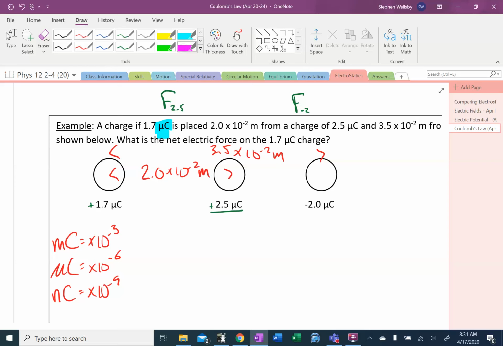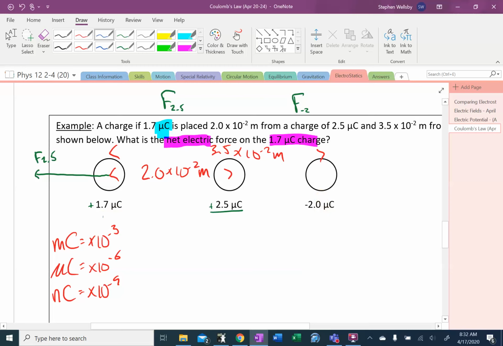Okay, so the problem is, what is the net force on this charge on the left-hand side? So let's add up what these forces are. So F2.5 is the force caused by this. Now this is positive, so that means this is going to be a repulsive force. And we can calculate what that is. We also have this other force here, which is caused by the negative 2 microcoulomb charge.